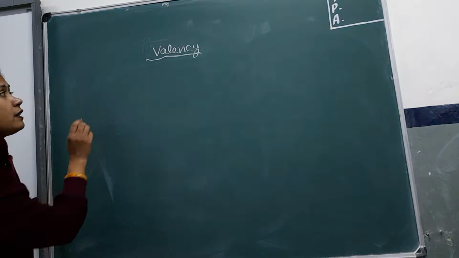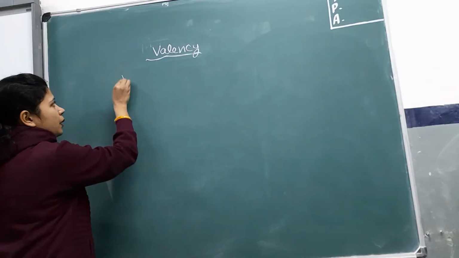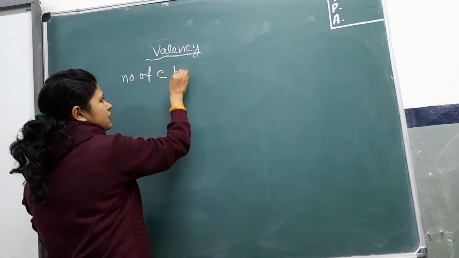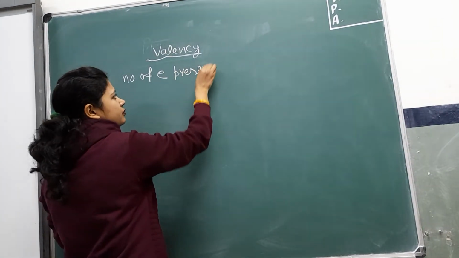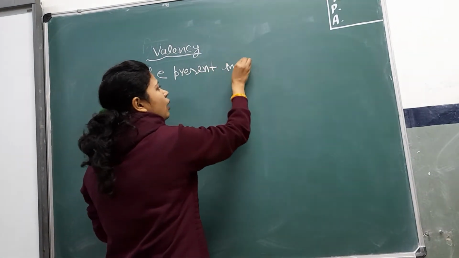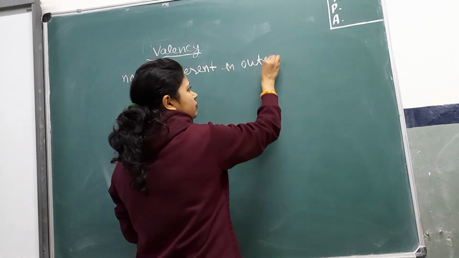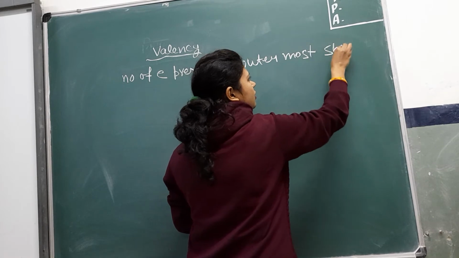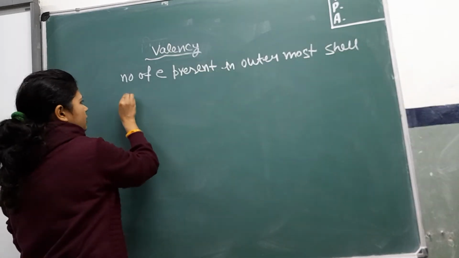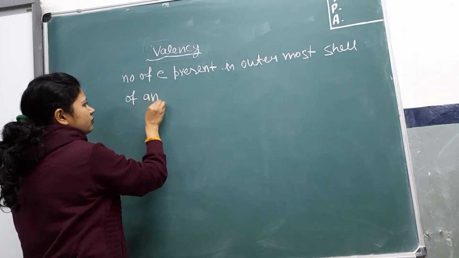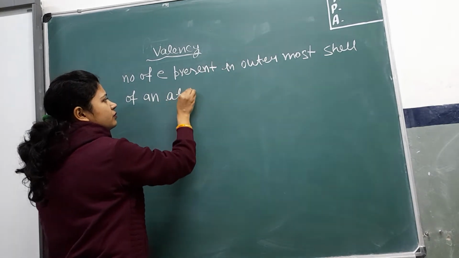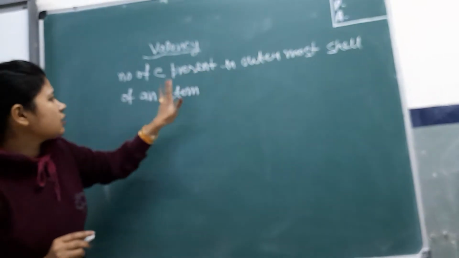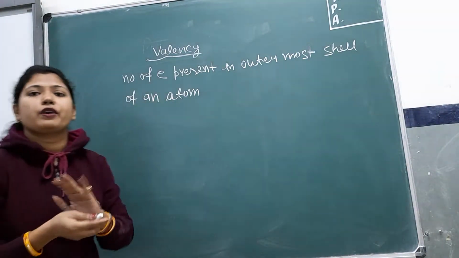Valency can be defined as the number of electrons present in the outermost shell of an atom.